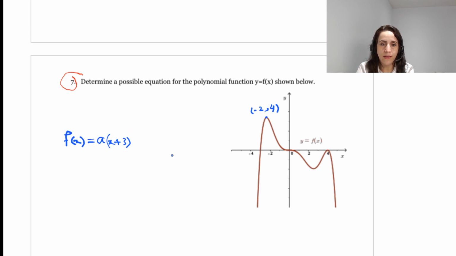Then I'm gonna leave it as it is. Next intercept is x equals 0, but this one, as you see, is an inflection point. Then this one has an exponent 3. And finally, I have another x-intercept at 4, x minus 4, but this one has exponent 2. Good?